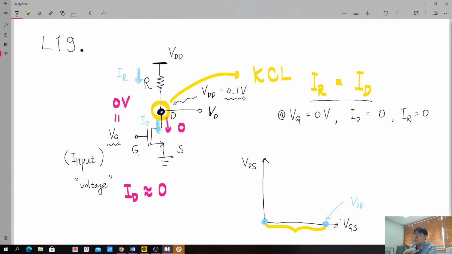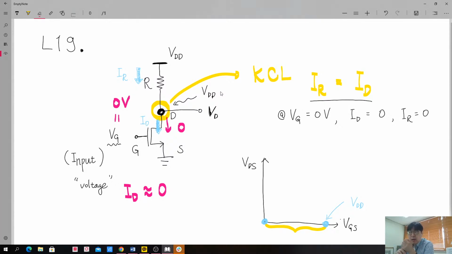So the only way we can satisfy the KCL is that the drain voltage should be exactly VDD. If the voltage is exactly matched to VDD, then from the viewpoint of our resistor, no voltage difference is applied, so it does not conduct any current.